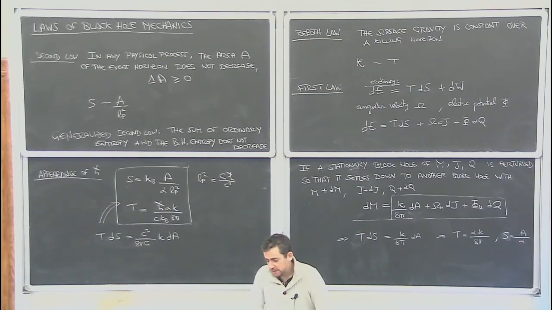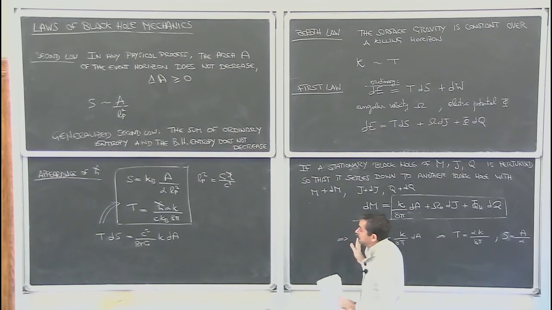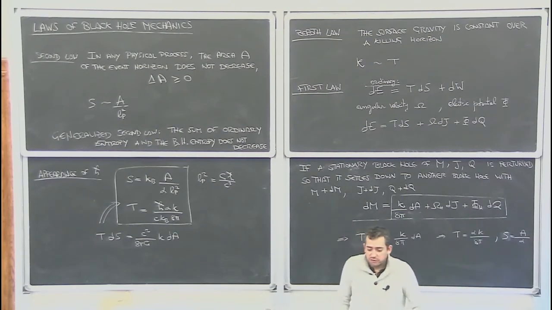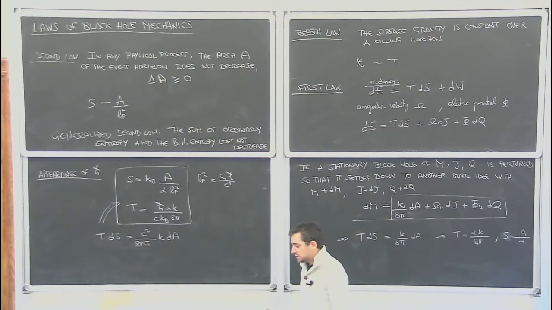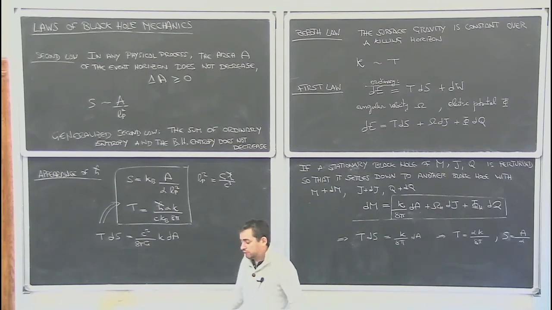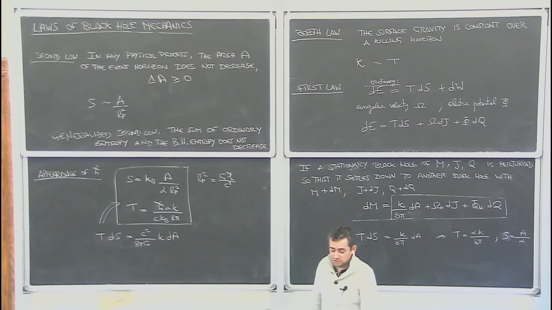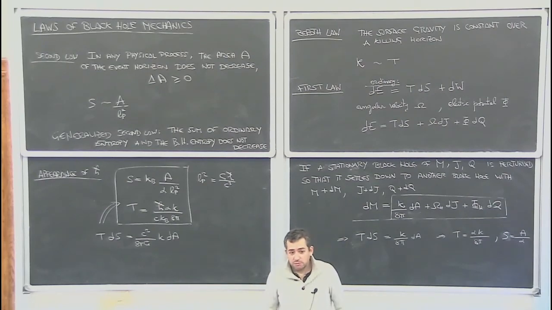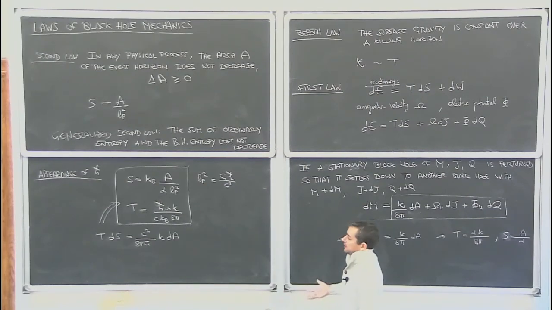Because, as I said, the laws of black hole mechanics make sense in general relativity. In principle, there is a formal analogy with thermodynamics, but this is a formal thing. Again, in GR, black holes don't emit any radiation, they are at absolute zero, because they don't emit. So they don't really have a temperature.